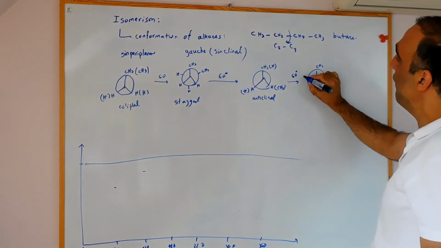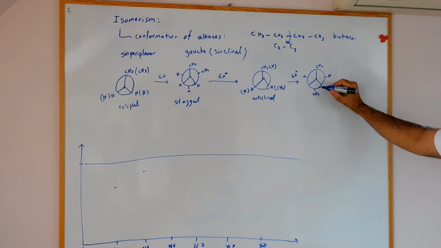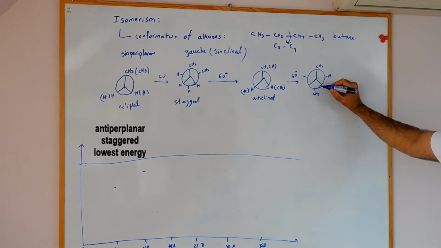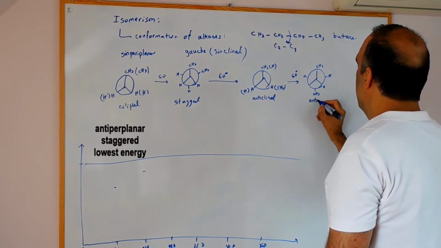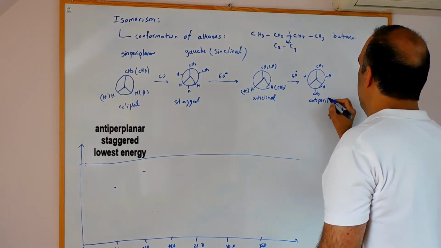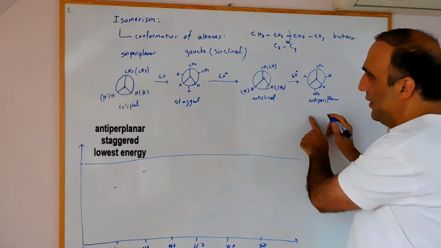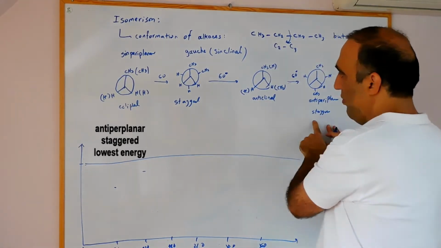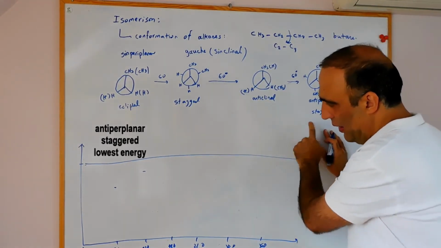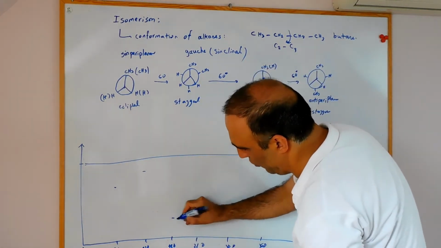Now the methyls are far from each other, and we can see the lowest repulsion here. This is called anti-periplanar, and the energy must be lowest. Okay, it is a staggered again. It is of course a staggered, but it is the lowest energy because it has stability. And in this situation, 180 degrees, they are farther apart, and I can show the lowest energy.